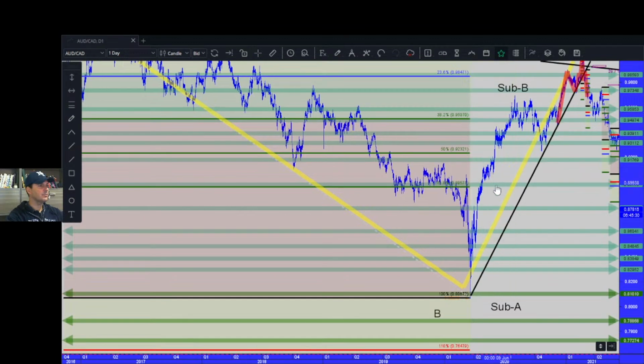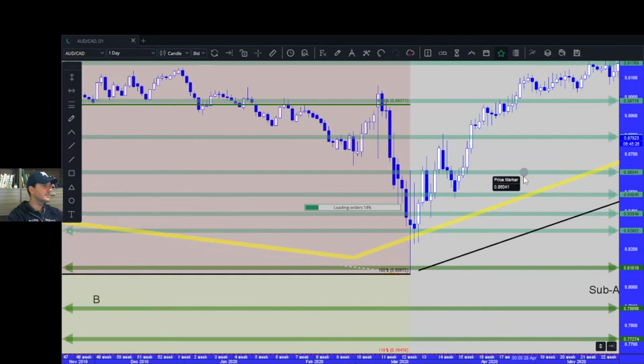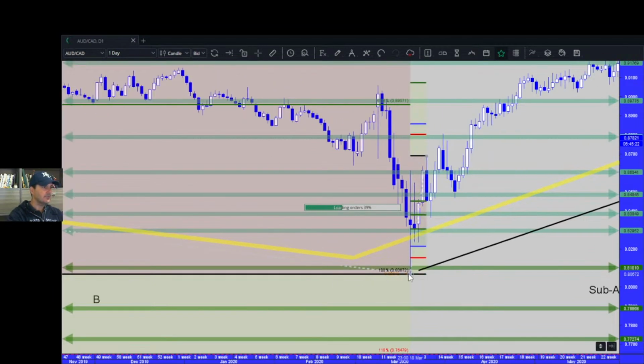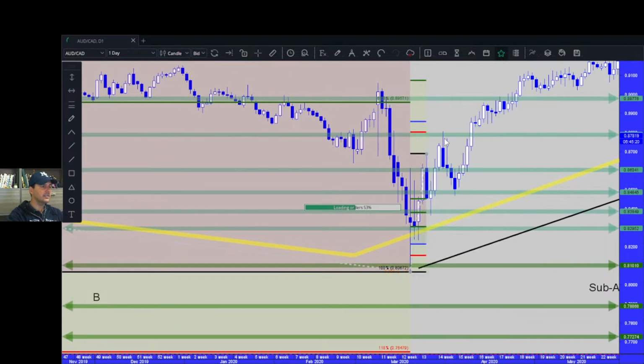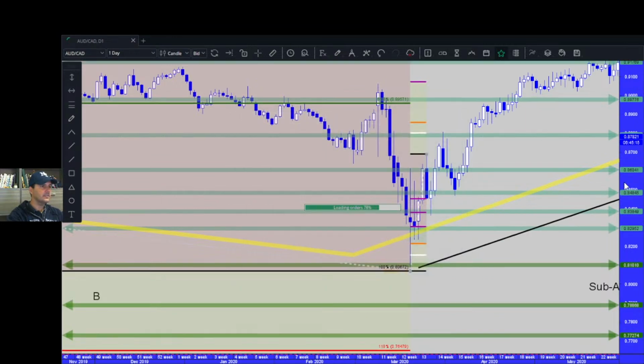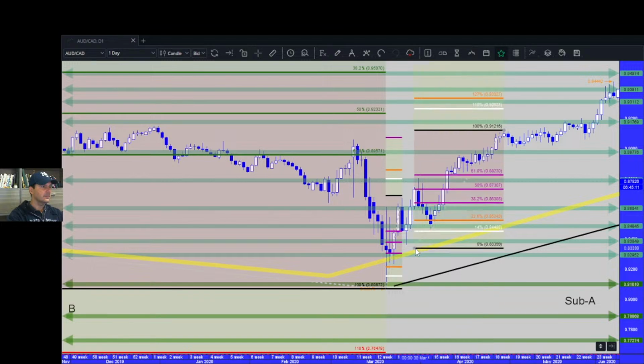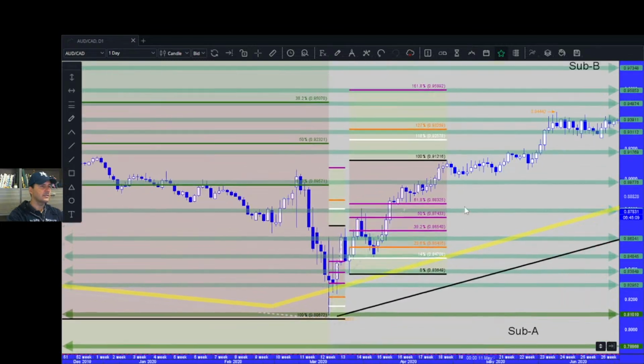And by the way, this is wrong. I hope it's wrong. Give me a second, everybody. Contrarian Fibonacci, just a second. Edit levels. Contrarian. Violet goes to violet. There you go.